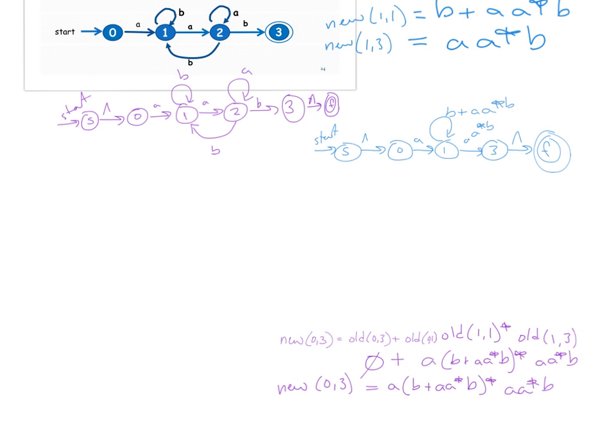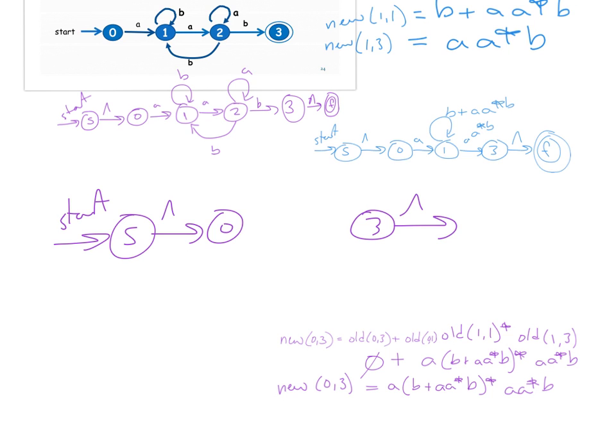We're getting rid of state 1, so we need our start state, and we have this lambda transition to state 0. We're leaving that blank for a minute. And here's our 3, and 3 has a lambda transition to F. So our new transition from 0 to 3 is all this stuff down here.